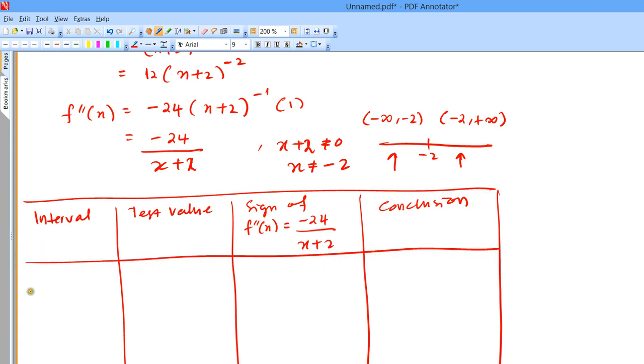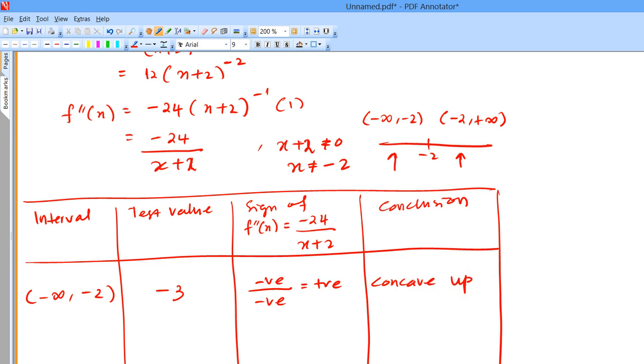So the first interval, negative infinity to negative 2. For the test value, you can choose x equal to negative 3, and then substitute into f double prime. At the numerator, we have a negative sign divided by the denominator, negative 3 plus 2, which is negative, equal to positive sign. The conclusion is concave up.